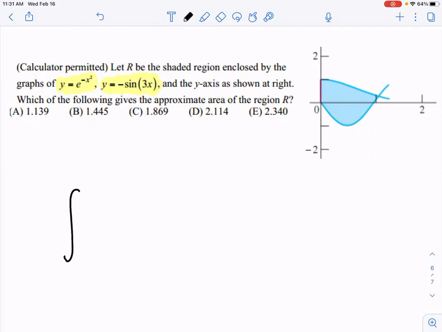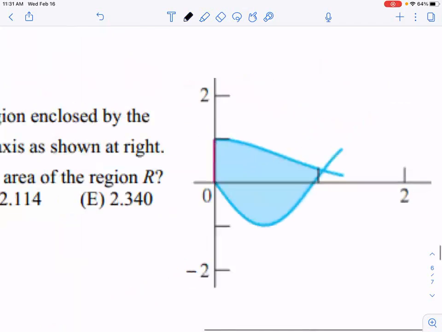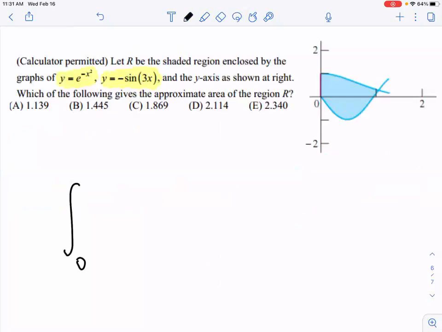Now, the big mistake on this problem is students assume that that intersection occurs at 1. Does that intersection occur at 1? Nope. Find me the intersection, please. Second, calculate, like in the trace menu.